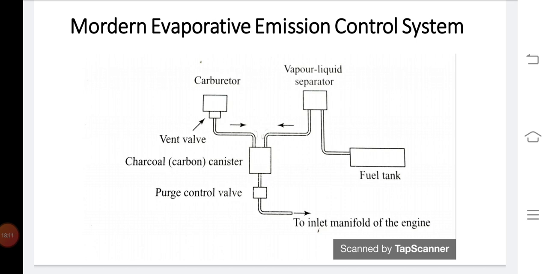Vapor-laden air from both the fuel tank and the carburetor passes through the canisters. Hydrocarbons are left in the canisters due to the process of adsorption, and the air leaves from the canisters into the atmosphere.